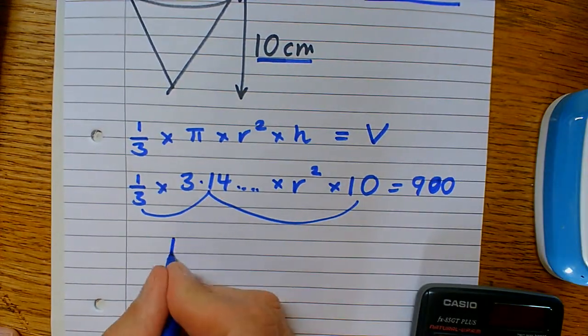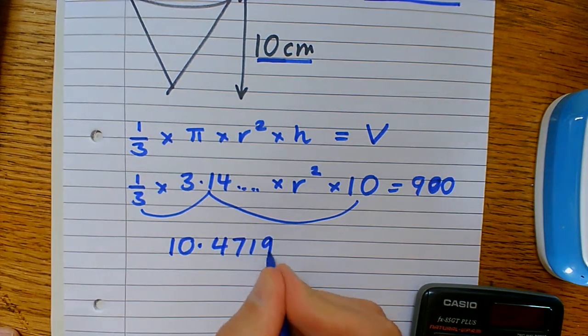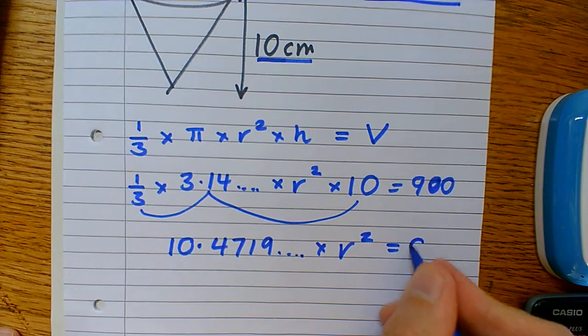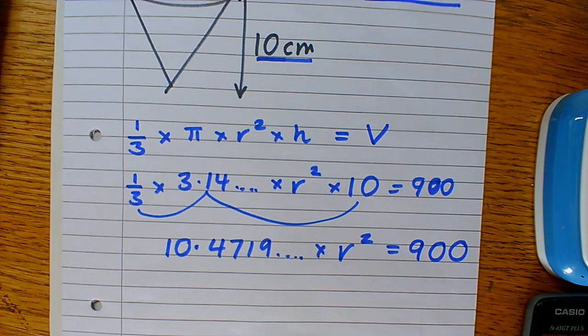So roughly 10.4719 and so on times r squared makes 900. So roughly 10r squared is 900, so r squared is going to be about 90, so we're probably expecting an answer between 9 and 10 when we finally get the answer.